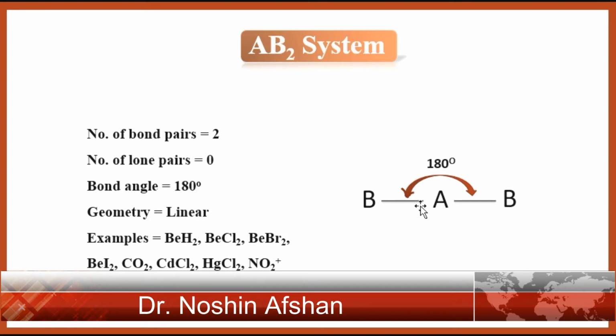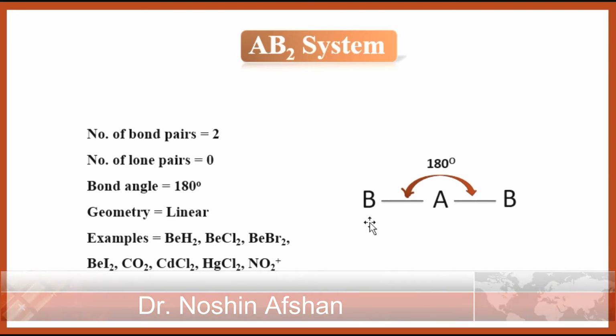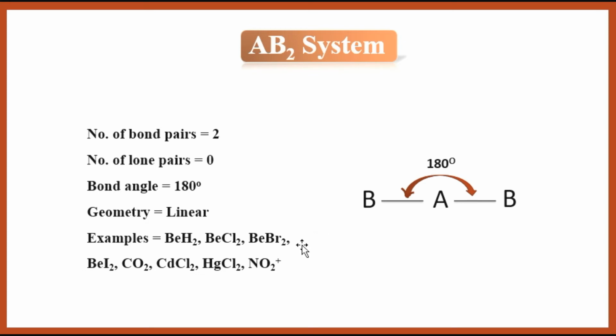Hence, if we draw the bond pairs at 180 degrees in this way, then the geometry comes to be linear. Examples under this AB2 system are beryllium hydride, beryllium chloride, beryllium bromide, beryllium iodide, carbon dioxide, cadmium chloride, mercuric chloride and NO2+. All these molecules follow the same geometry as the AB2 system.